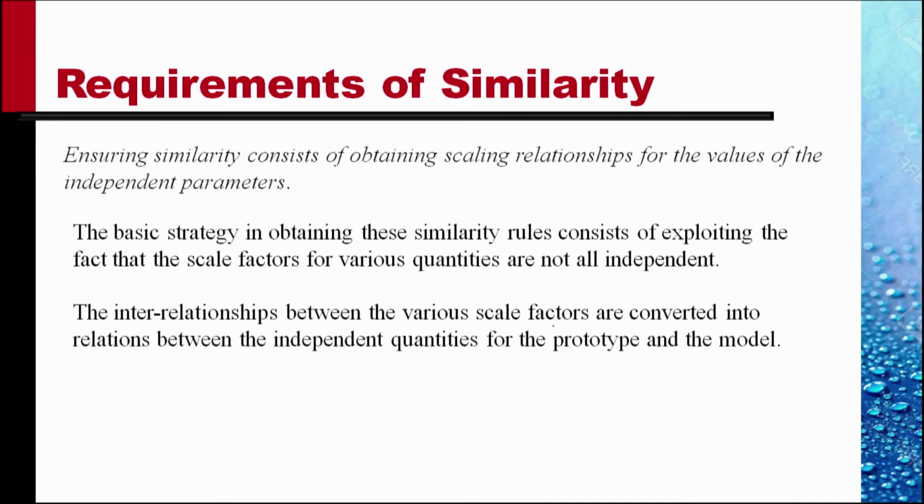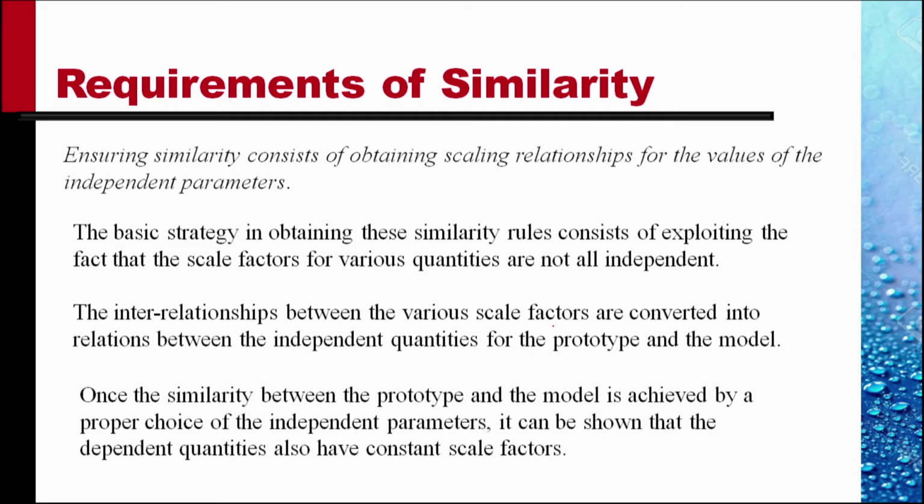The basic strategy in obtaining these similarity rules consists of exploiting the fact that the scale factors for the various quantities are not all independent. The interrelationships between the various scale factors are converted into relations between the independent quantities for the prototype and the model.